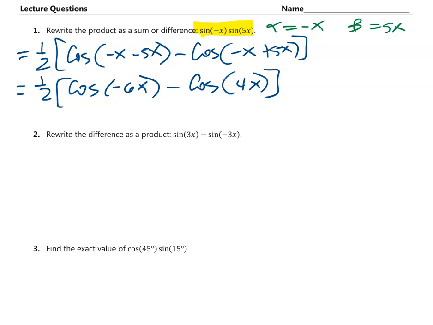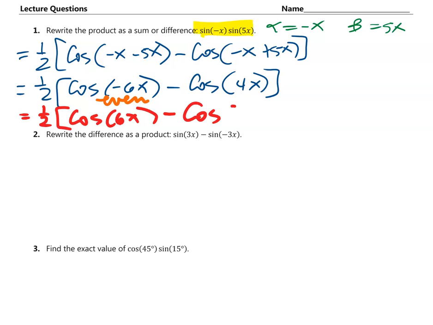And cosine of negative 6x, this is an even function, so the answer here is equal to 1/2 of cosine of 6x minus cosine of 4x, and this is the answer.